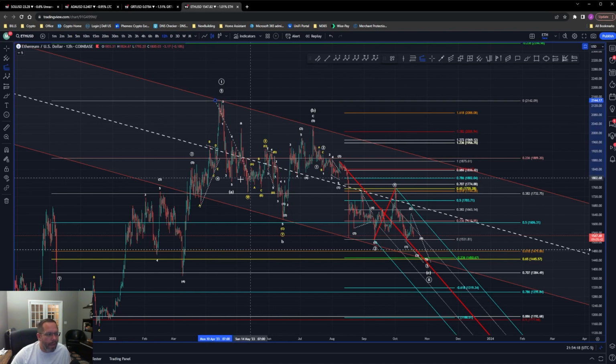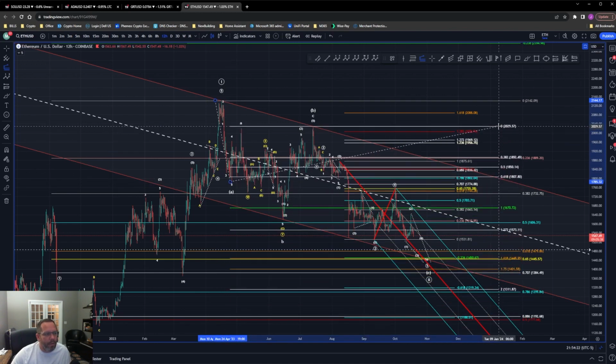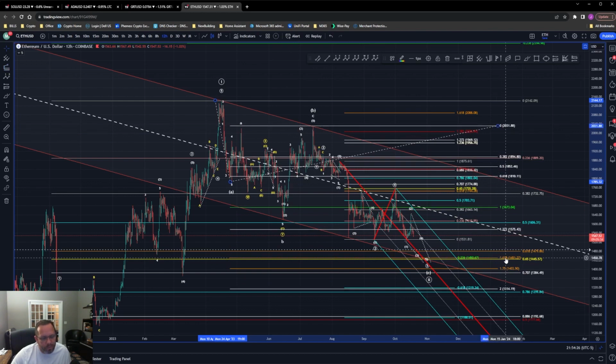I know that they happen, but whatever. Well, right there, guess what we also have? There's a 1618 extension sitting right on top of a 236, which is at our channel barrier, which is at our median line of our pitchfork, in a golden zone.